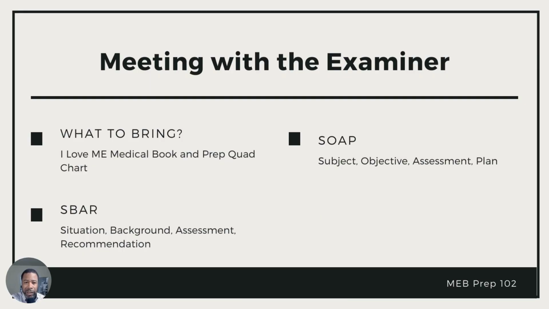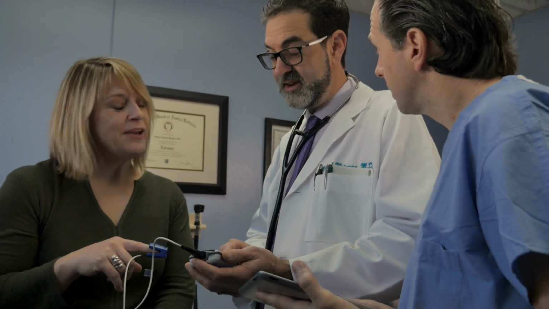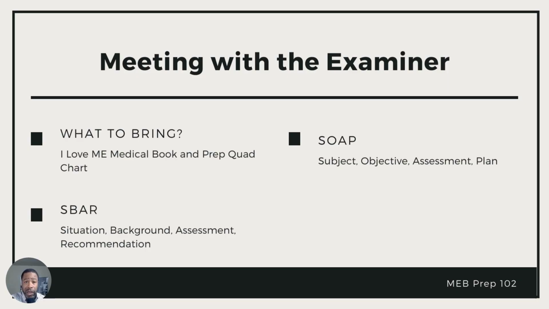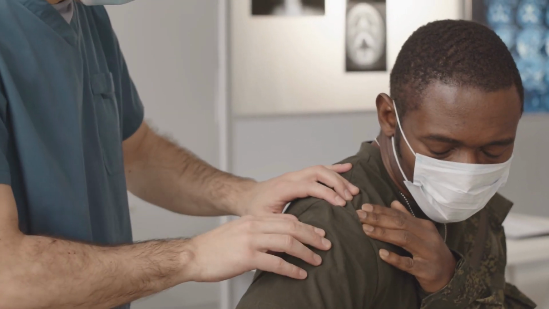The objective information is, let me do the exam to validate that story. What objective evidence do I have here? Do I have an x-ray? Do I have an MRI? Let me look at that information objectively to match up the story with the evidence, the objective evidence. Then they think about the assessment. So from the CMP examiner's perspective, they want to know what was their assessment?